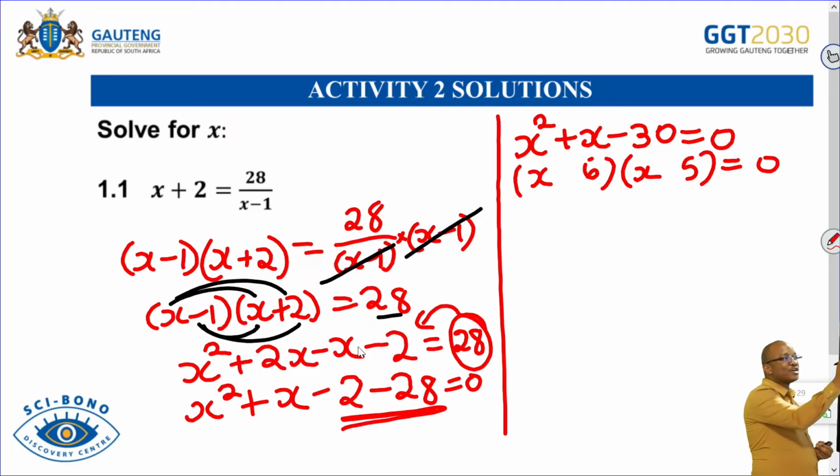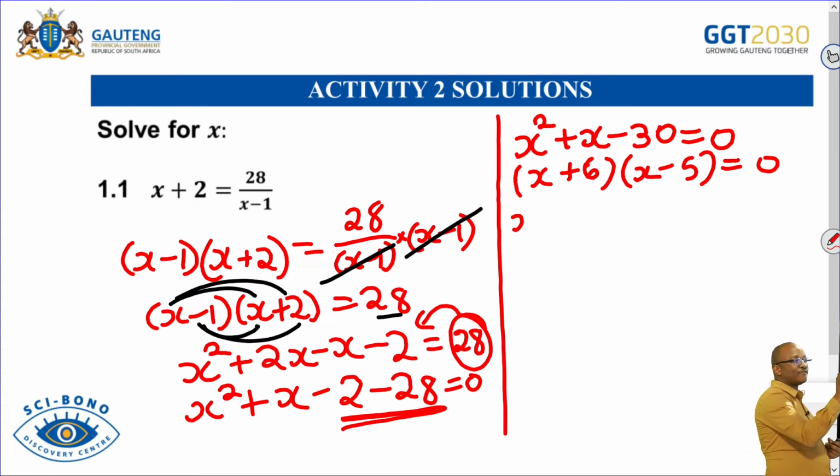Then now we can choose our signs. Remember I said if your sign of the last term is negative, the signs inside the bracket, one must be positive and the other one must be negative. And the middle term is positive. It means the bigger number between 5 and 6 is going to carry the sign of the middle term. So that's how we factorize.